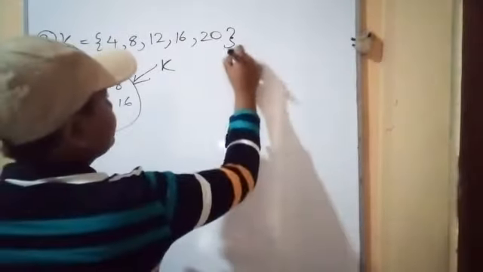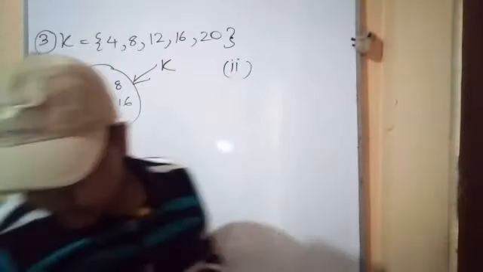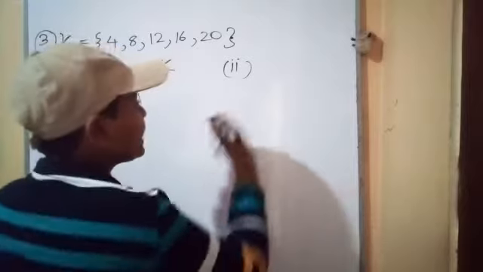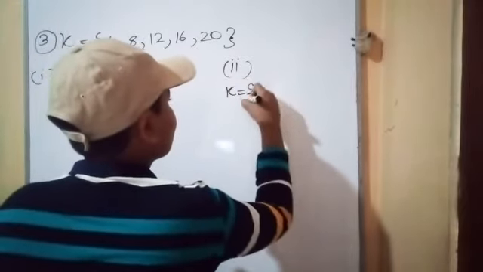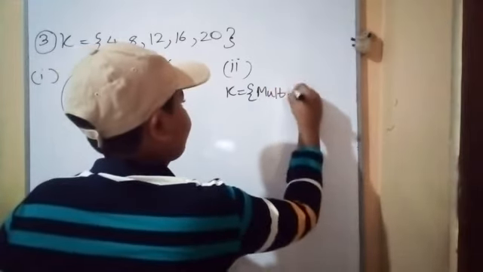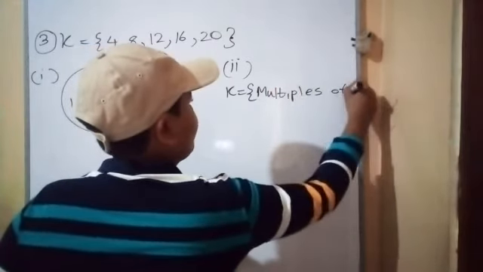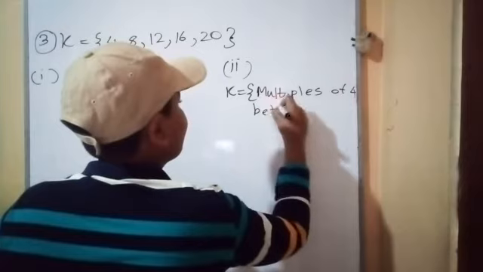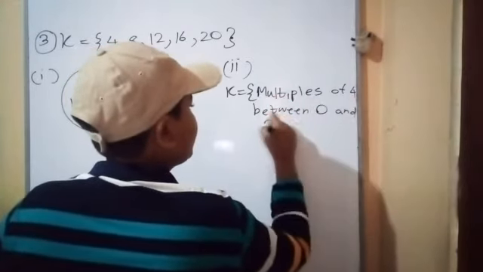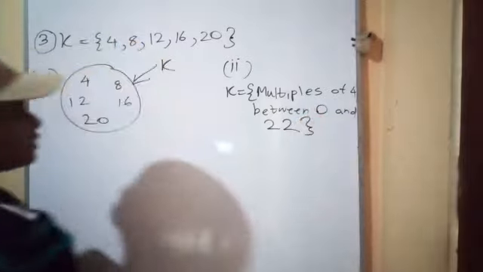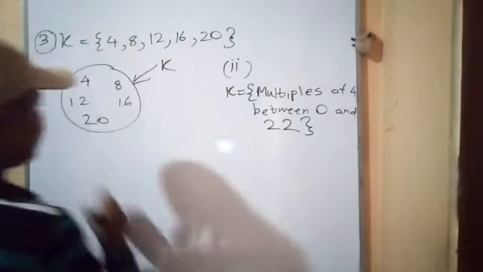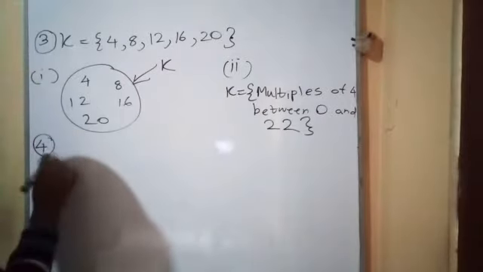And the second one: write down the set K in terms of a common property. What is the common property? Multiples of 4 between 0 and 22. That is the third question.